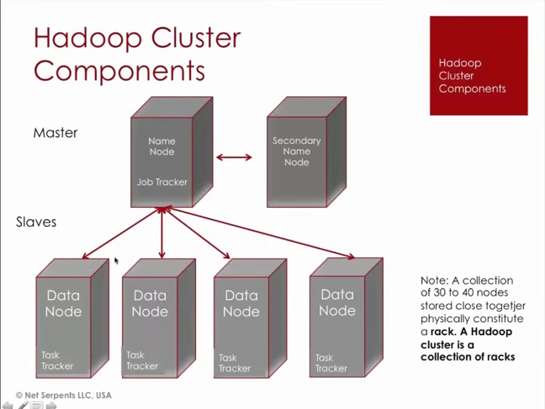Like a server? Yeah, it's like a server, yes. Somewhat similar to server systems, right? And these data nodes will be acting as client systems. Yeah, it's more like a master-slave relation. I'll explain the concept of client, which is also a separate concept.